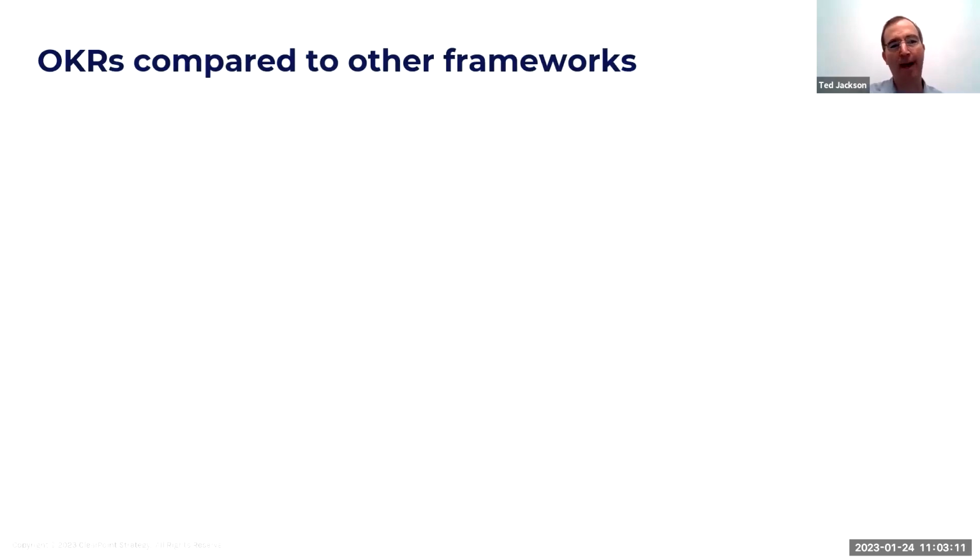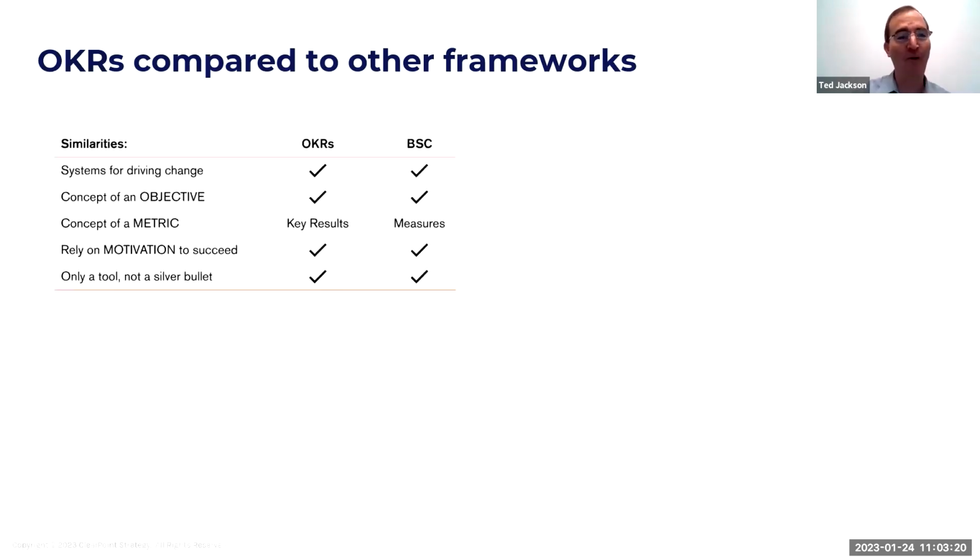If we think about OKRs, if you're new to OKRs but familiar with many other frameworks, you could find this either comforting or confusing, right? Because an OKR and a balanced scorecard are very, very similar. They're both systems meant to drive change. They both have the idea of an objective. They both have the idea of a measure, whether it's called measures or key results.